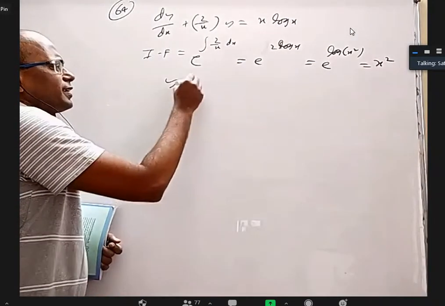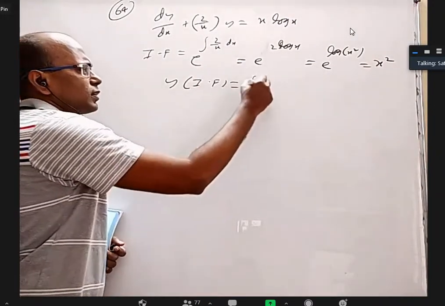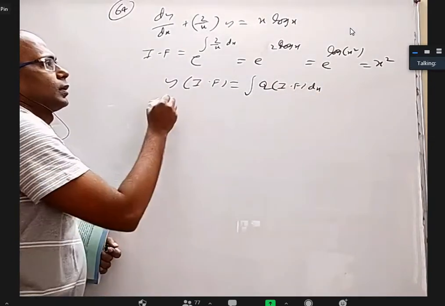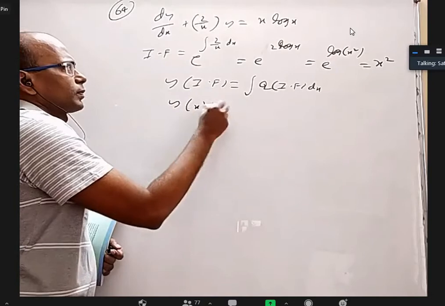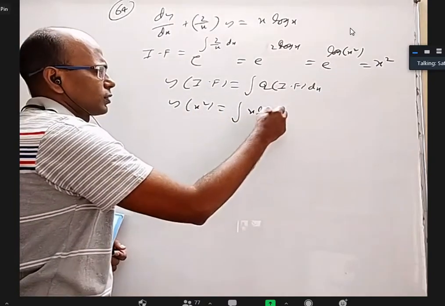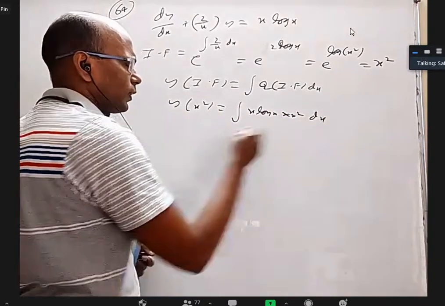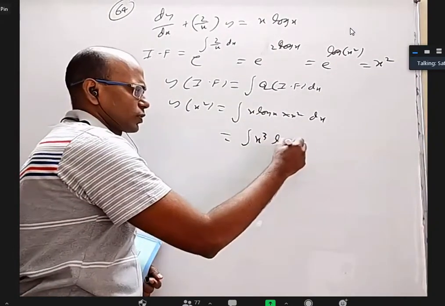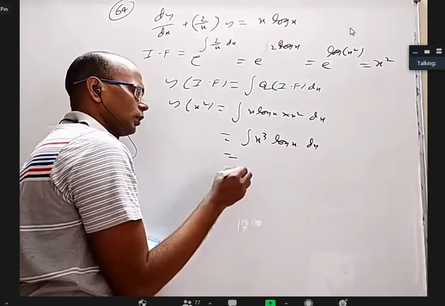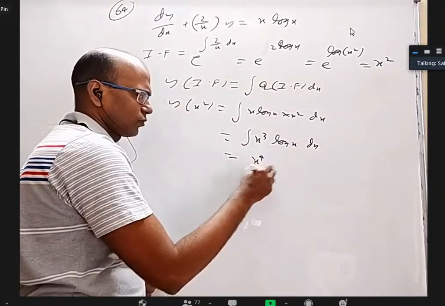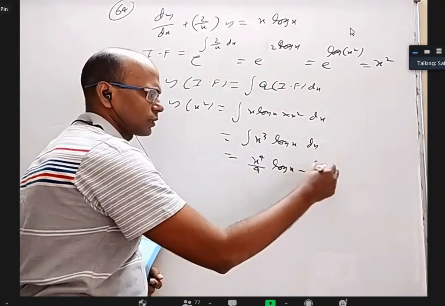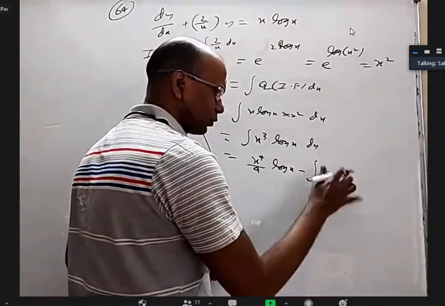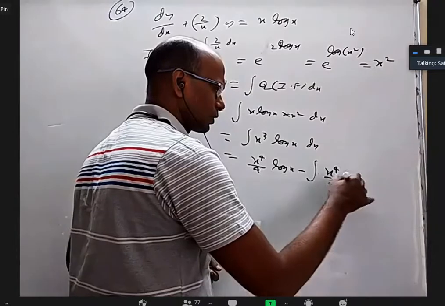So now y into integration factor is equal to integral q into integration factor dx. Y into x square is integral x log x into x square dx. You can take x cube log x and apply by parts. X cube integral is x power 4 by 4 into log x minus integral of x power 4 by 4 into the derivative of log x, which is 1 by x.